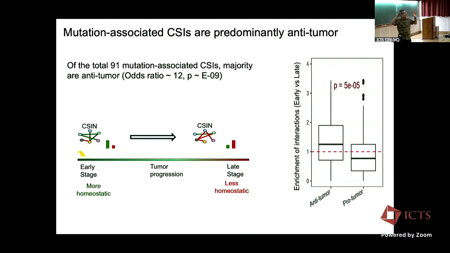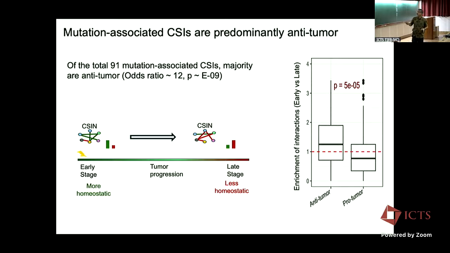Overall, as I told you, the majority of our CSIs are pro-tumor, as one would expect, because we are talking about tumor that has gone through selection. But we only look at the ones that are correlated with mutations. Those are predominantly anti-tumor, which is totally crazy.